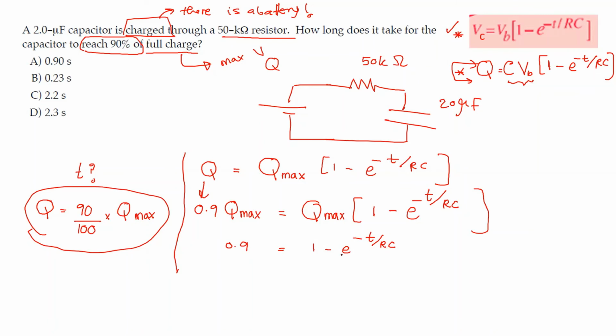So what I'm going to do is take this e term to the other side of the equation and bring 0.9 to this side. So 1 minus 0.9 is equal to e to the t over RC, so I'll rewrite it.